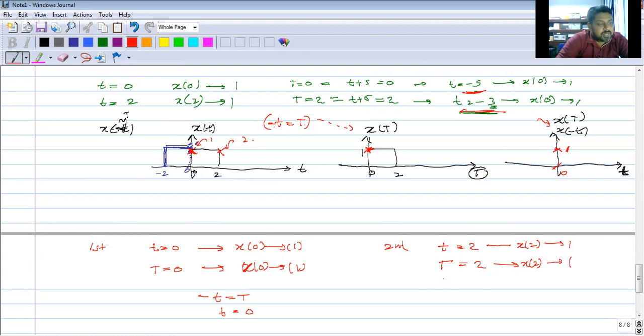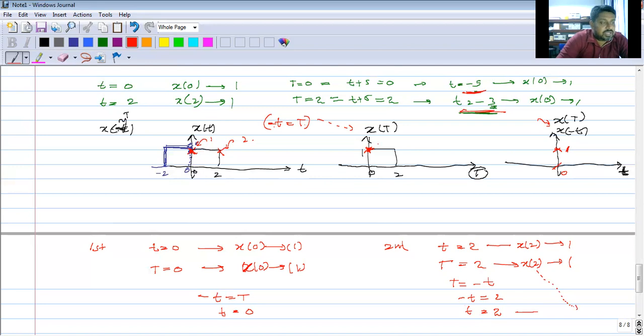But you want to plot it with respect to simple t itself. So here capital T is equal to -t. Now you want to plot t equal to 2, that means -t is equal to 2. That is the same point.